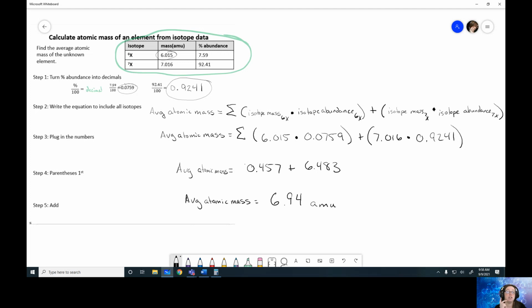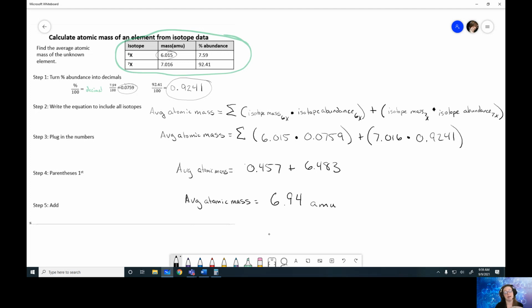Okay, and my challenge to you is to go ahead and go in your notes and figure out, using your periodic table that's in there, which element this is. And so the way you're going to do that is you'll look around the periodic table until you find a number close to this. And if that number is higher than this, you'll go to the left on the table.